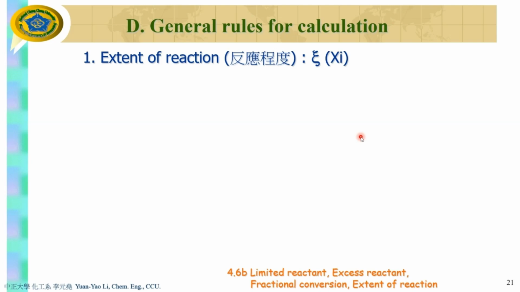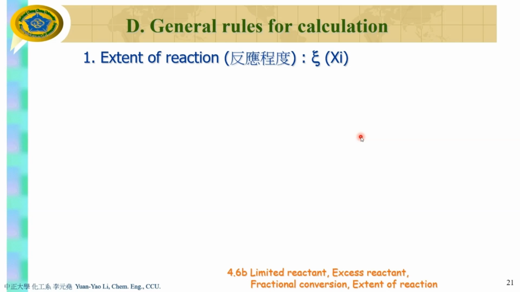But now you are in college, so some of the complicated problems you need to solve require help from the computer. So you need to do the computation, and you need to know some skills. That's why here we want to introduce how to do the calculation. But there are some general rules you need to know.